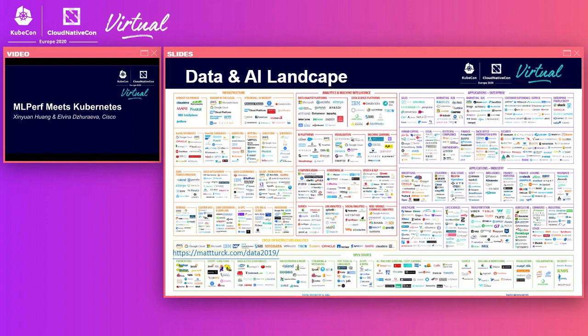And given this amount of platforms and tools and infrastructure and even hardware, how do we know that we run our machine learning workloads in the most efficient way? And how can we compare our results and our efficiency? This diagram was prepared by Matt Turk, and he creates this kind of infographic each year to showcase the industry.